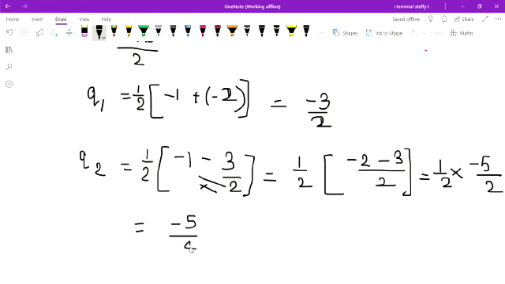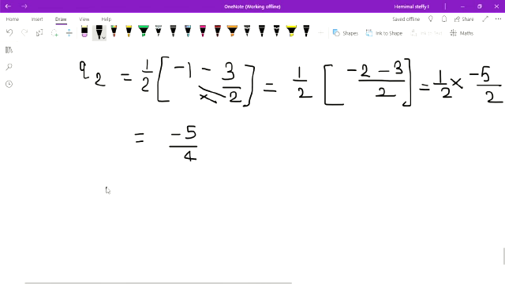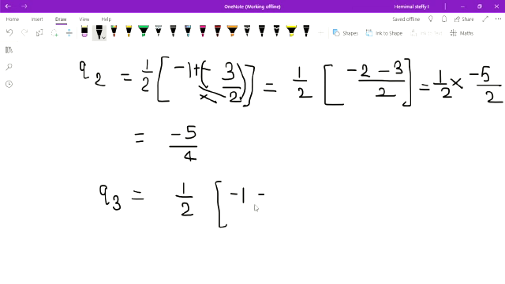Okay. Then Q3. What is the Q3 value? Q3 is equal to 1 by 2, with a equal to -1 and b equal to -5 by 4.